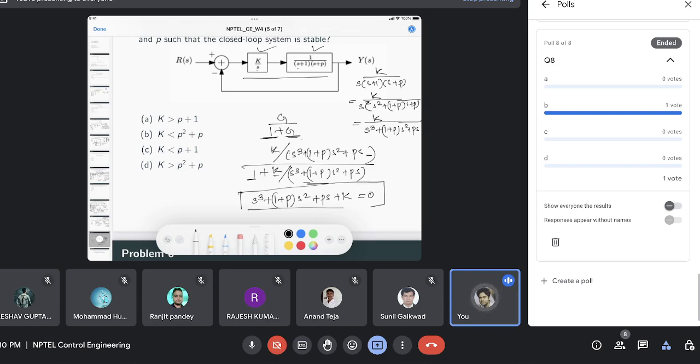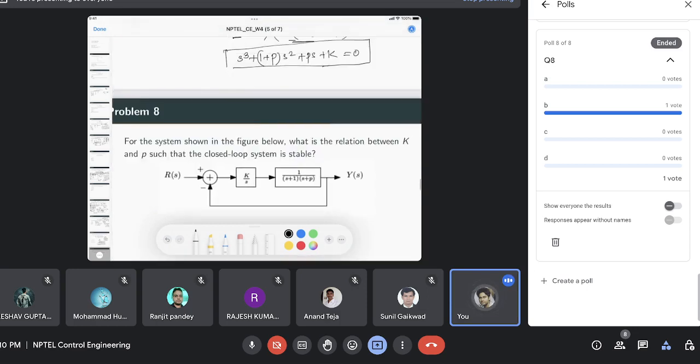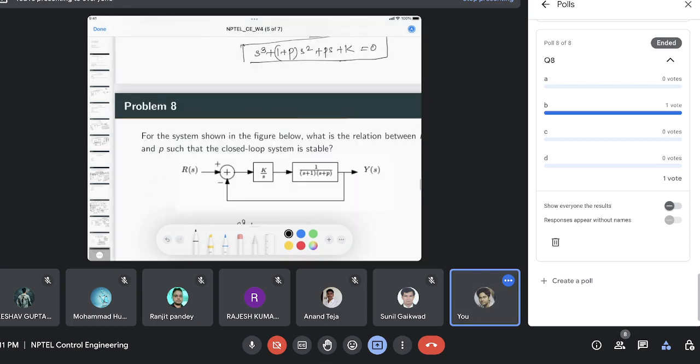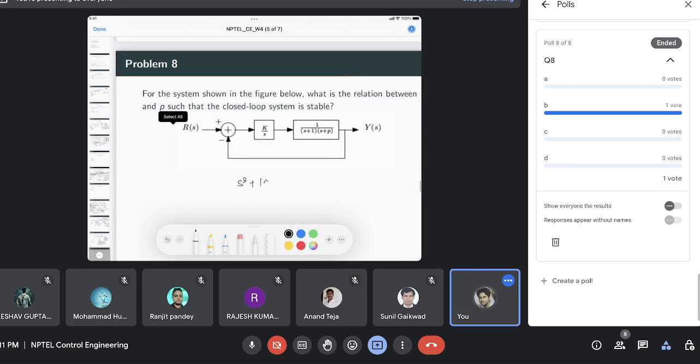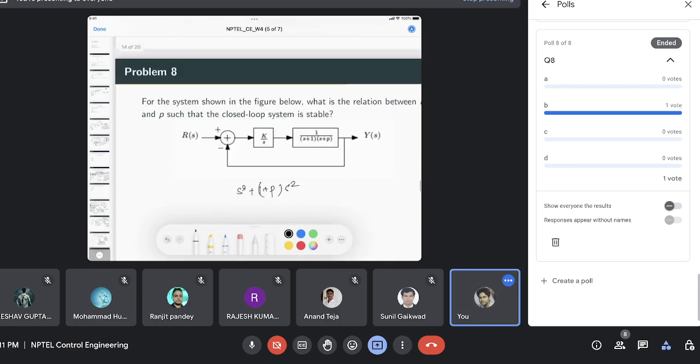This is the characteristic polynomial. You solve for the roots, so you write this Routh-Hurwitz table for this. Here s cubed plus 1 plus p s square plus ps plus k equal to 0.